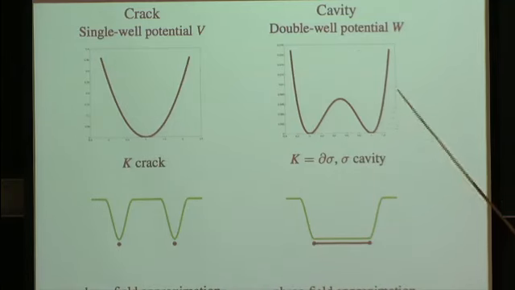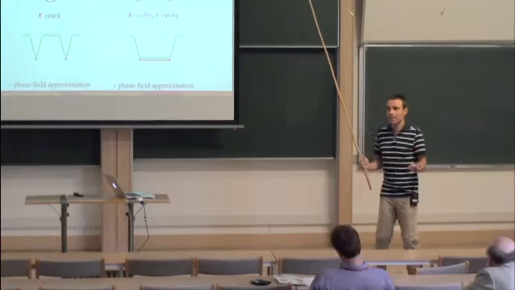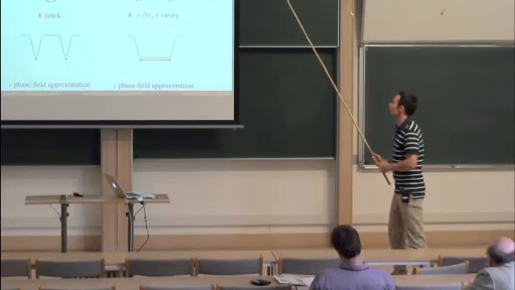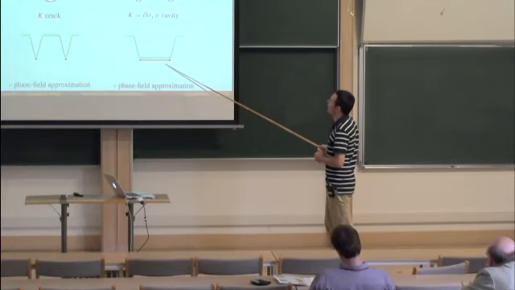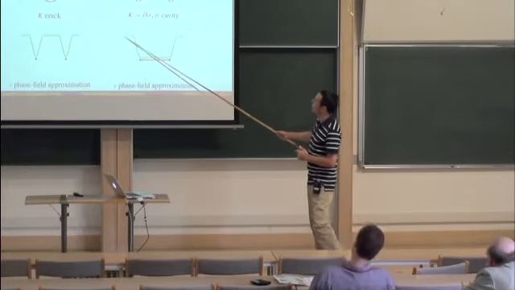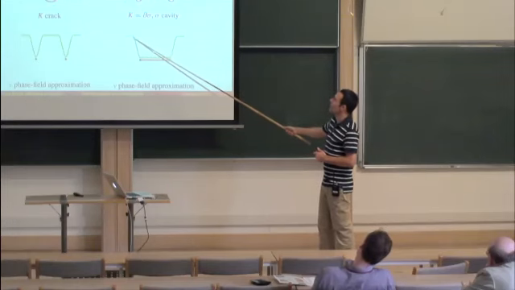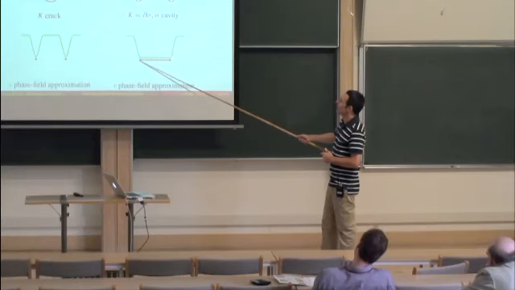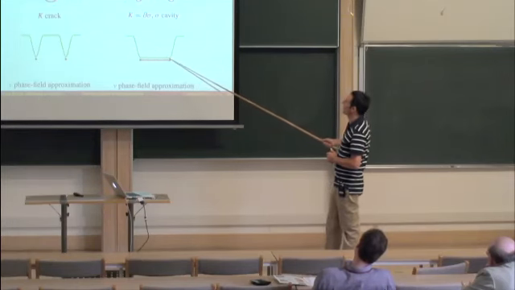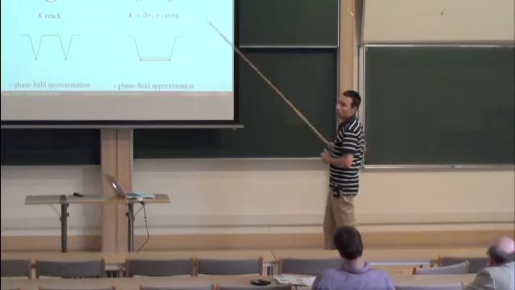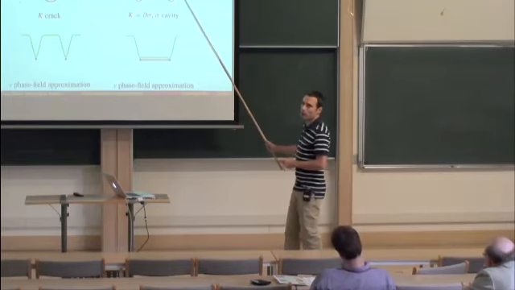If you have a cavity, you replace this with a double well, and your phase field is happy either at phase 0 or at phase 1. So if you have a cavity here, the phase field should be 1 outside the cavity, go smoothly down close to 0, stay at 0 inside the cavity, and then go up again. So these are the two differences.